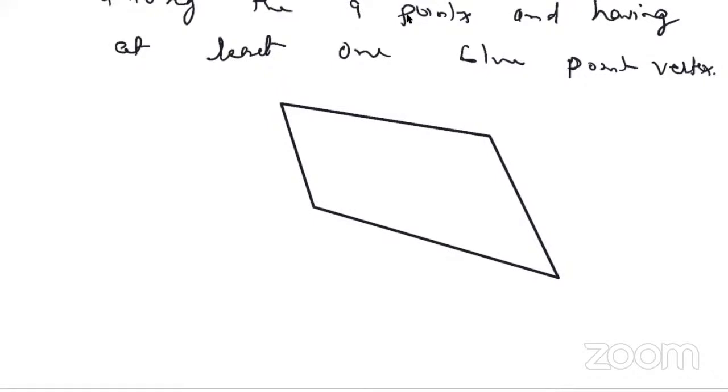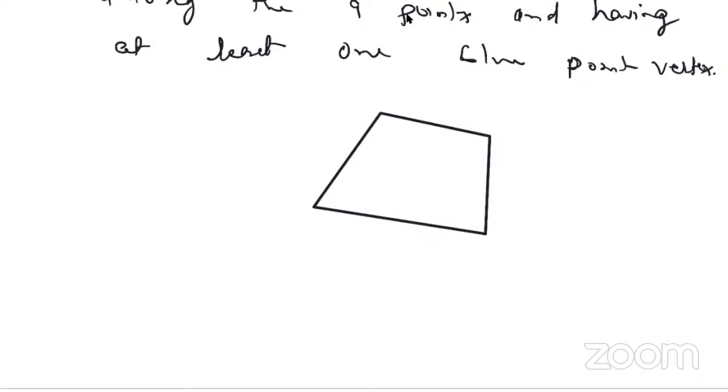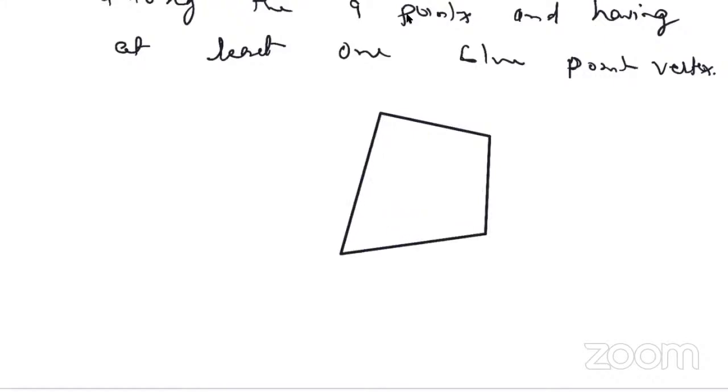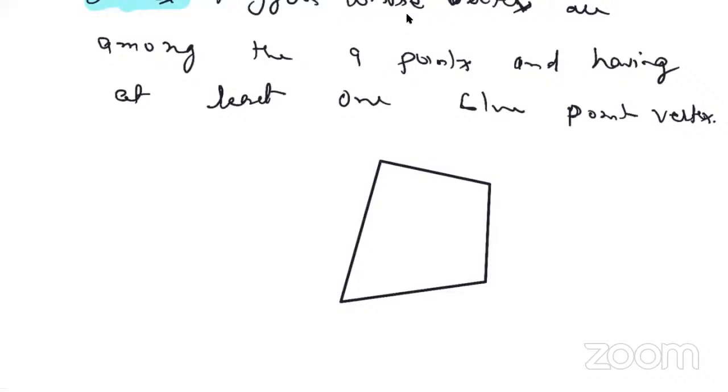But triangles and this type of quadrilateral are always convex. But if I'm taking this vertex going down there, you can see one of the angles is going more than 180 degrees, then this is known as concave. So convex means this type of figure would be there, so be careful on that part.